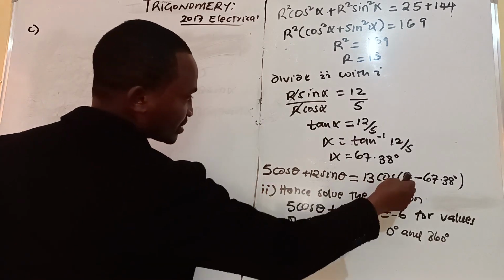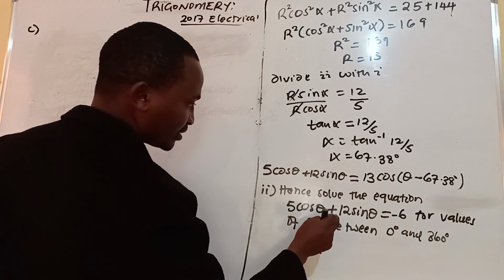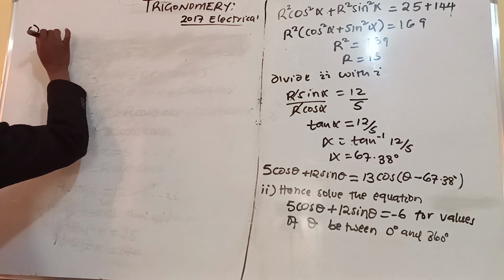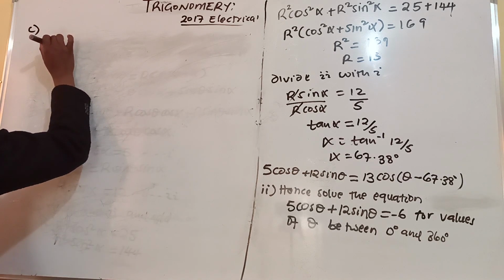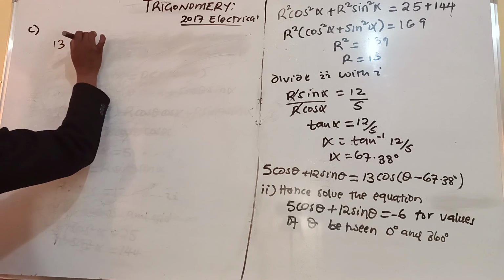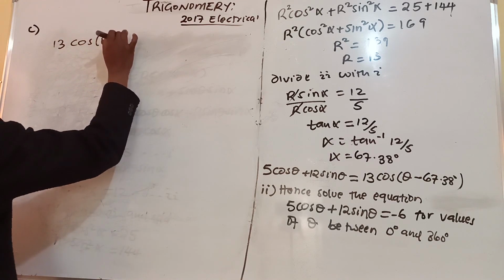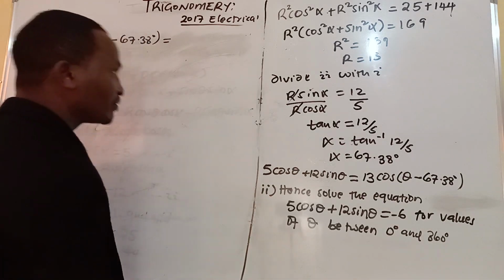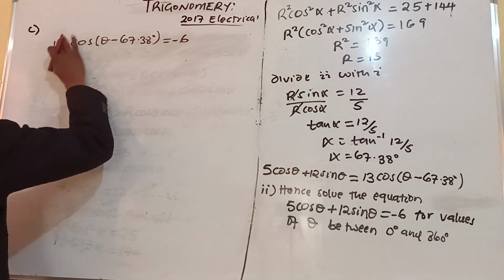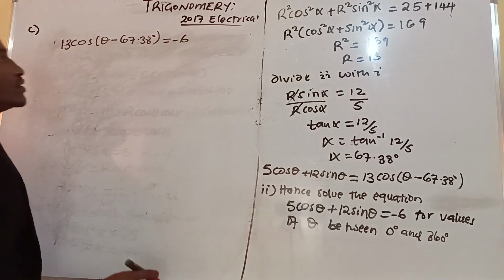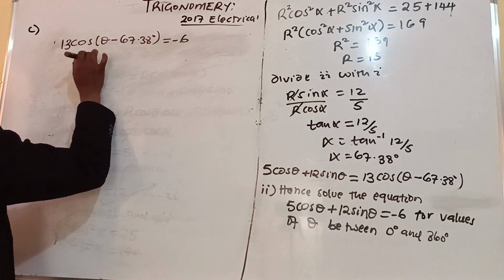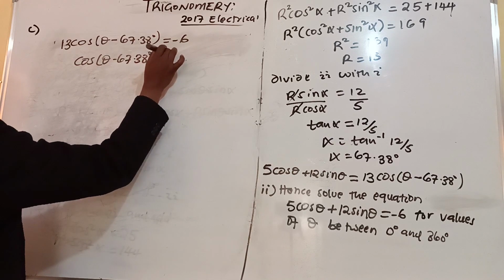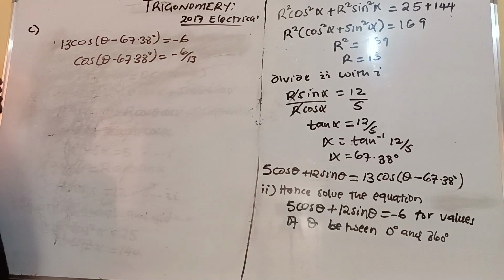So let us solve that last part. If this is equal to this, then obviously this is also equal to negative 6. So that cosine of theta minus 67.38 degrees is equal to negative 6 over 13.